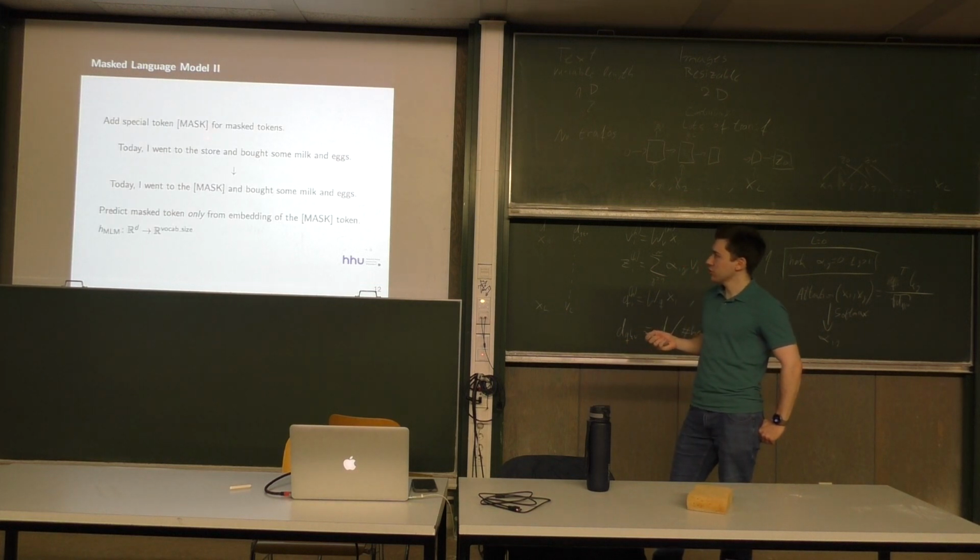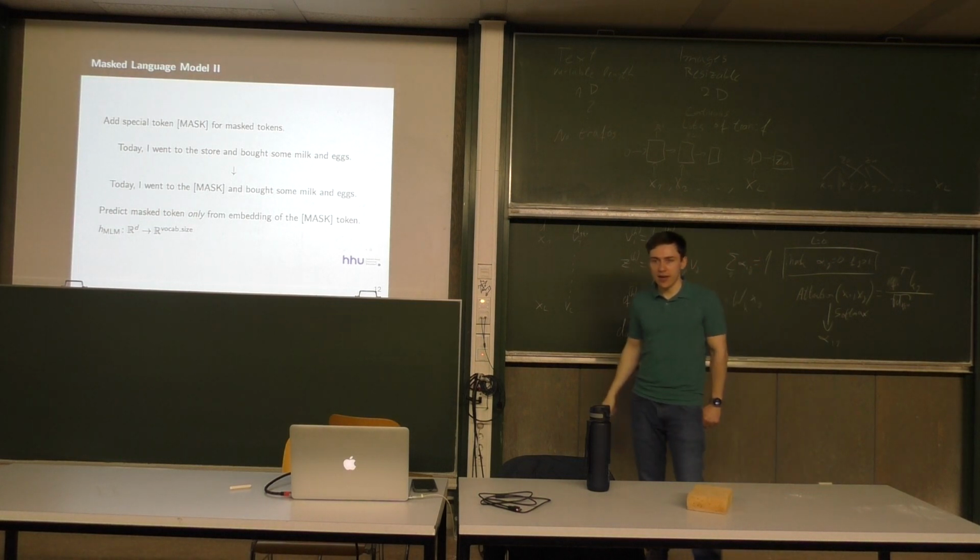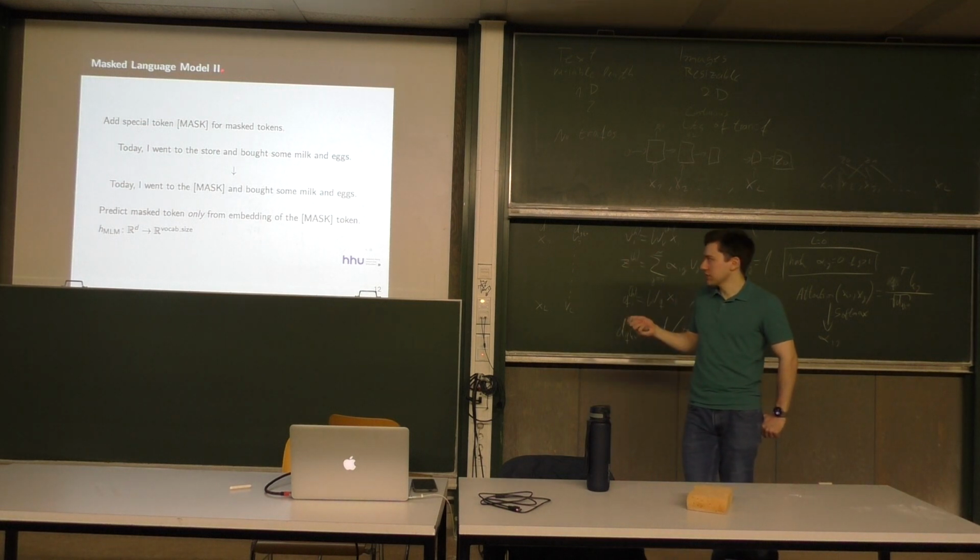We introduce the mask token, and we just remove some words. Then we take the representation of this masked token, because remember, each token gets its own representation at the end, and just put a linear layer on top of that and then try to predict this.